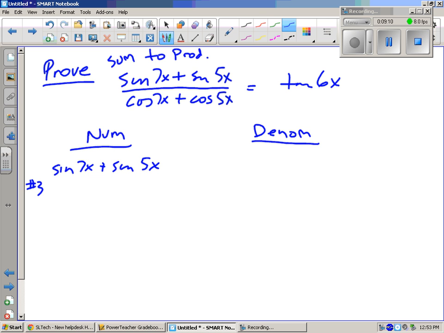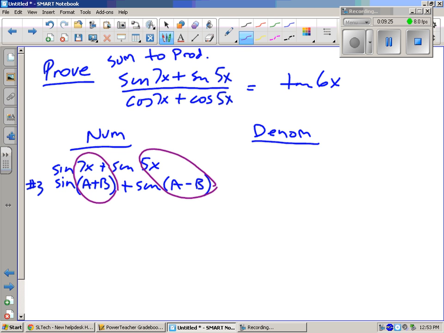So underneath this, I'm going to write the third one, sine of a plus b plus sine of a minus b. Okay, now I'm going to make sure that I know that a minus b is 5x and a plus b is 7x. I do my little system thing over here.